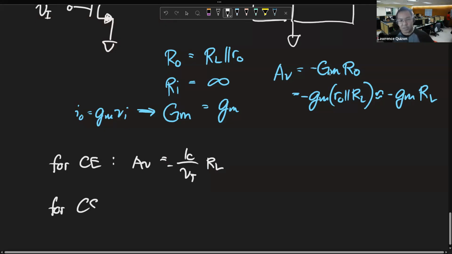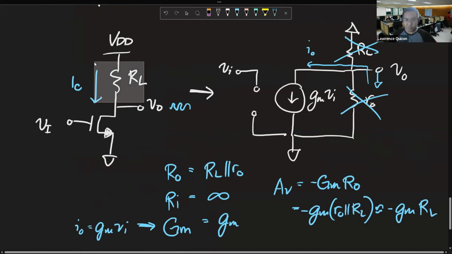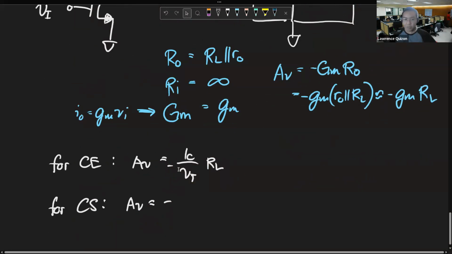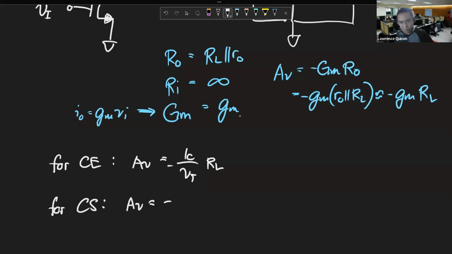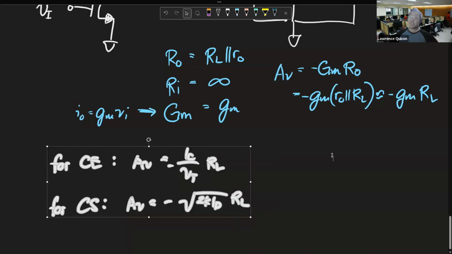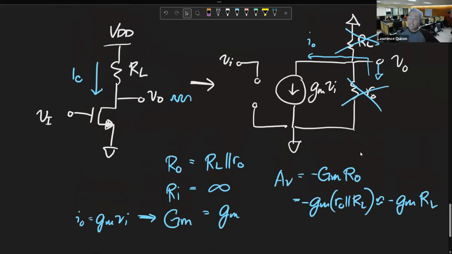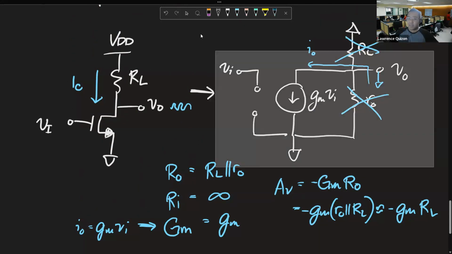For CS, for the basic one, AV ended up being square root of 2K ID times RL. The load needs to be a resistor for this to be true. So that's the difference in their gain, but they're basically the same thing.